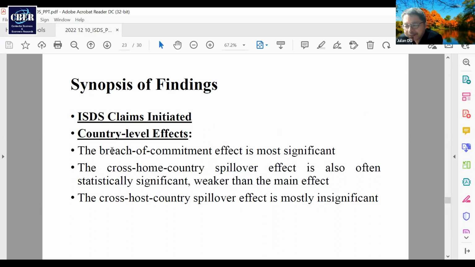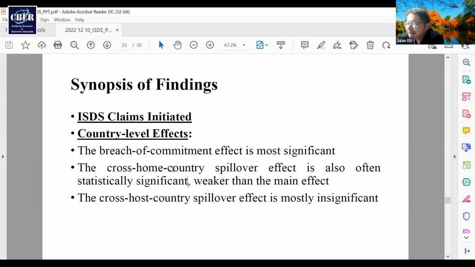For the ISDS claims initiated, basically we find quite a strong main effect, the breach of the commitment effect. That means the merger flow between the focal home country and the focal host state is significantly affected negatively, right? And the cross home country spillover effect is also often statistically significant.